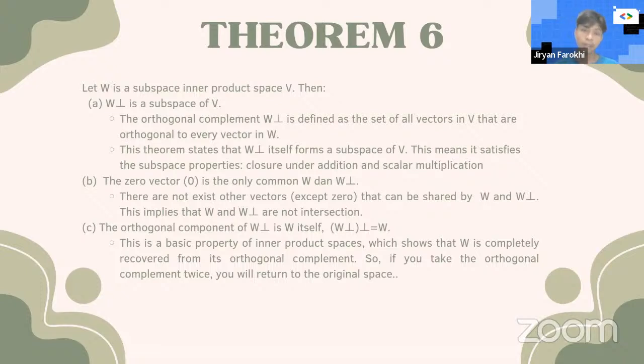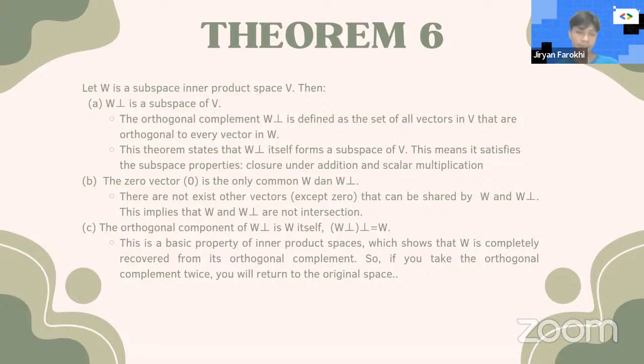The next point is the zero vector is the only common vector of W and W perp. There does not exist any other vector except zero that can be shared by W and W perp. This implies that W and W perp do not intersect, or W and W perp are disjoint except at the origin.